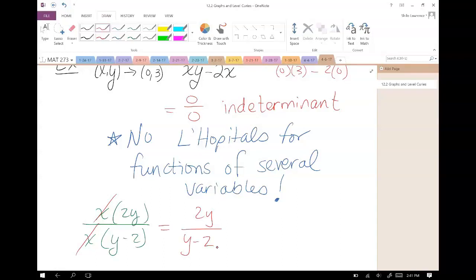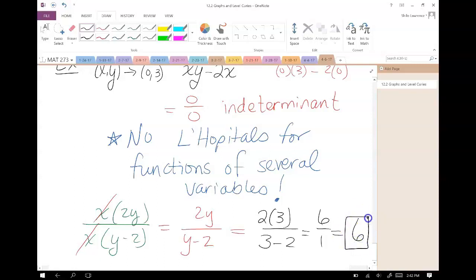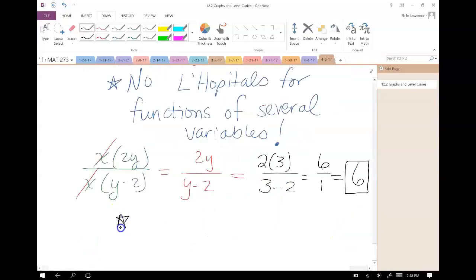And now we can try to plug in again. We only have y's left. And what did they say our y value is approaching? 3. It's approaching 3. So this is 2 times 3 over 3 minus 2, which is 6. There is a hole there. When you can factor and cancel, it creates a hole in the graph.